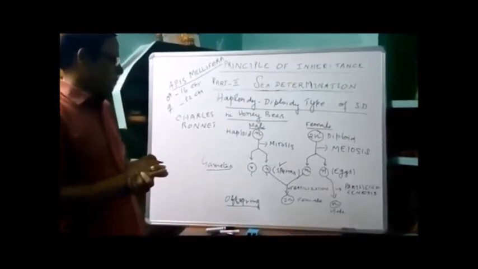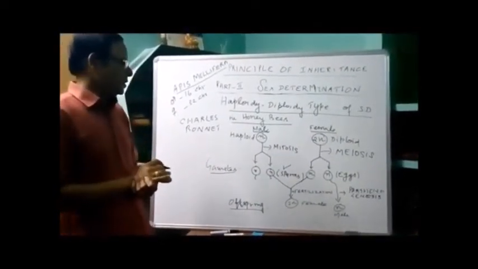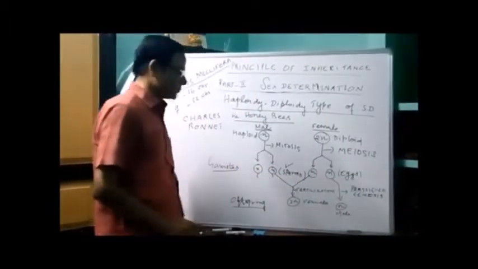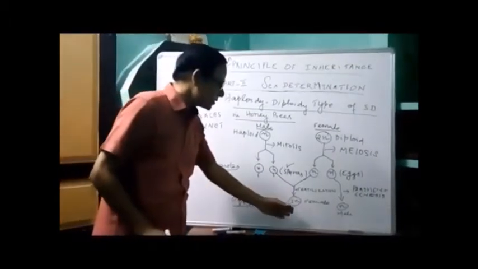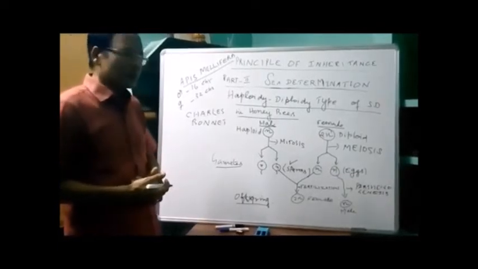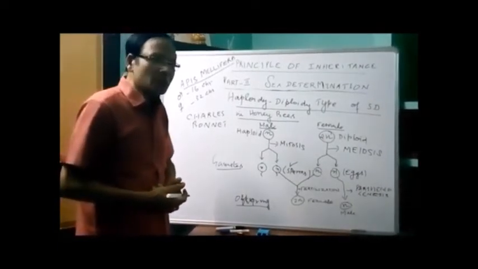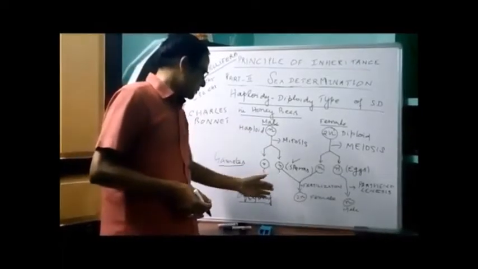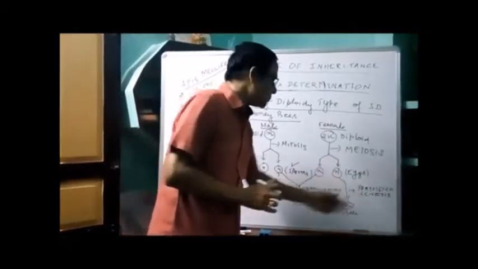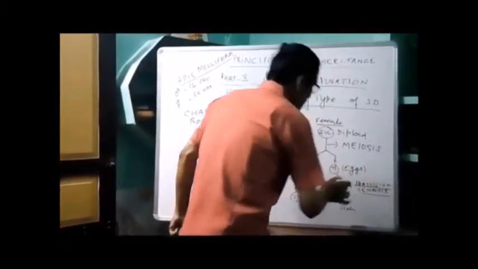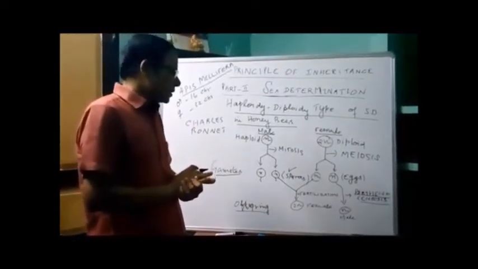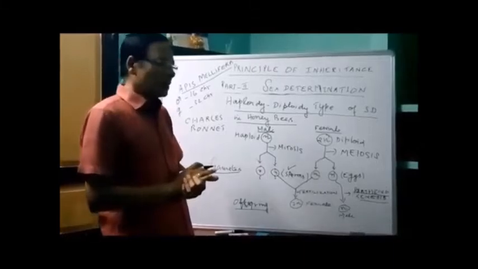If the egg is fertilized by the sperm, then the diploid number is restored. So some of the eggs undergo fertilization to form a diploid female, resulting in offspring with a diploid number. And some of the eggs undergo parthenogenesis. They do not undergo fertilization and directly develop into male individuals.